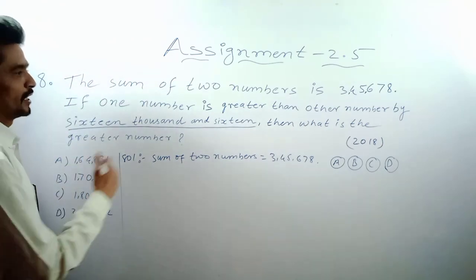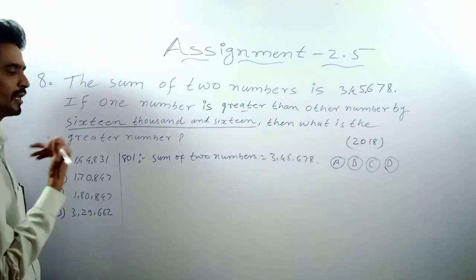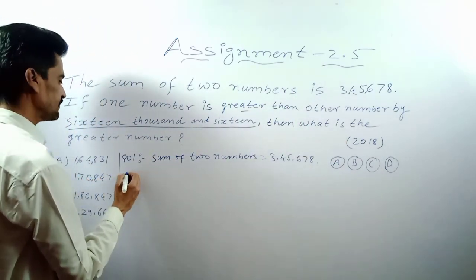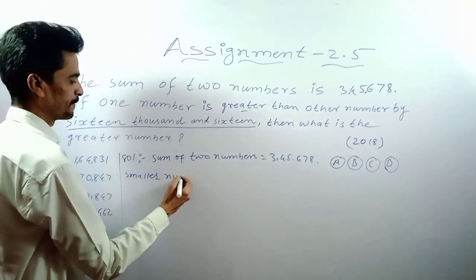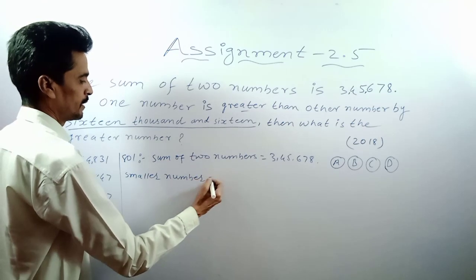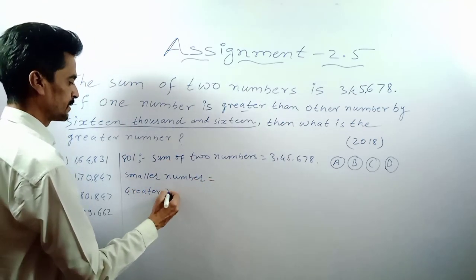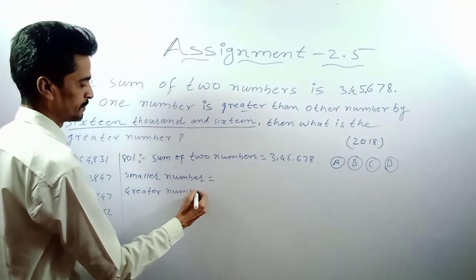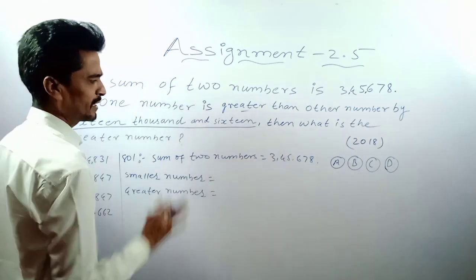One number is greater and the other number will be smaller. So the smaller number is there and also the greater number is there. Sum of two numbers is given clearly.